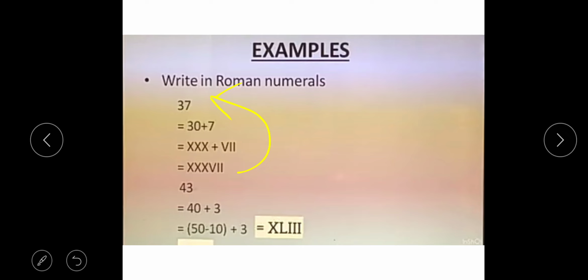XL. Good. And 3 means 3 times I. So what is this number? XLIII is the Roman numeral of the number 43. Okay, have you understood? If you have any queries, ask me.